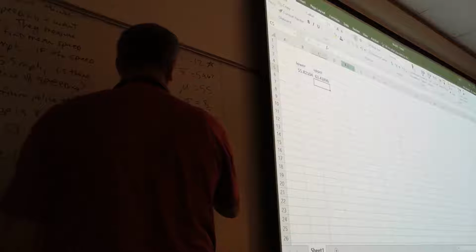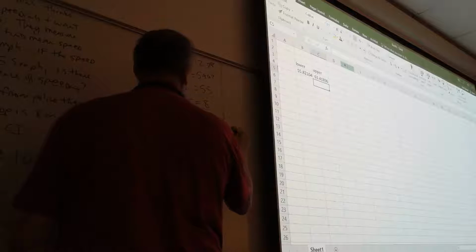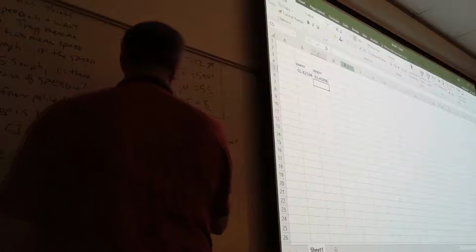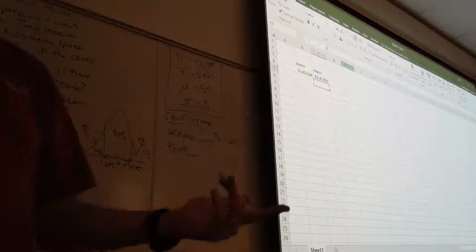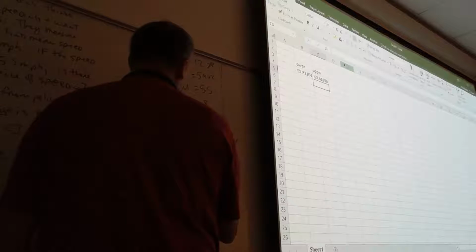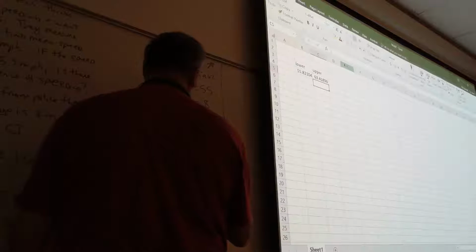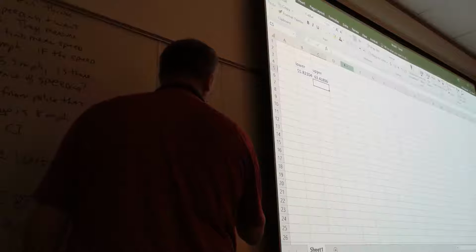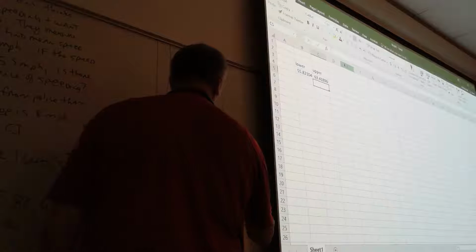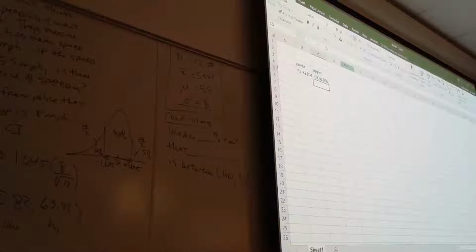We are blank % confident that whatever we're measuring, the speed limit of cars, is between the low number and the high number. Okay? So, Dylan, can you fill in the blanks for me based on this information here?